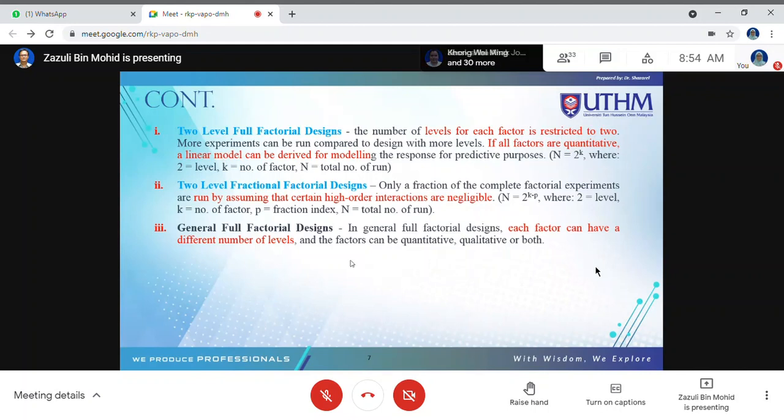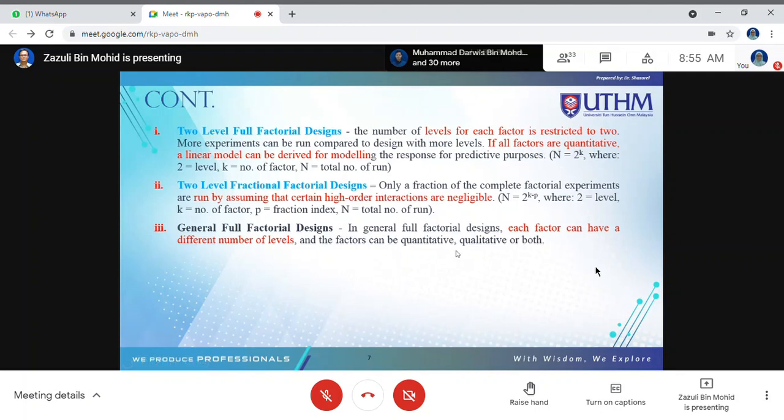The k is the number of factors, we could have 3, 4, 5, and the p is the fraction index. The 2 is the level. So we can get the number of runs by calculating this formula. If not, we just use N equals 2 to the power of k.